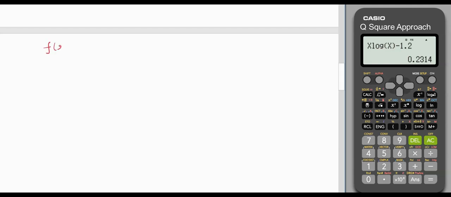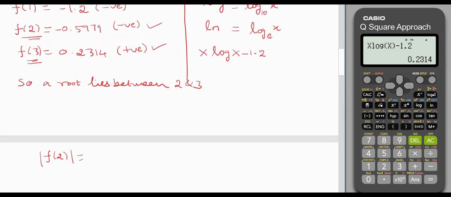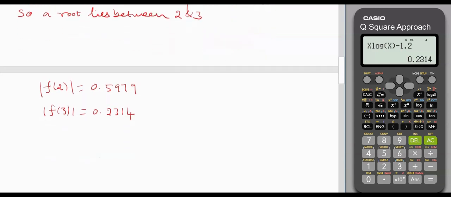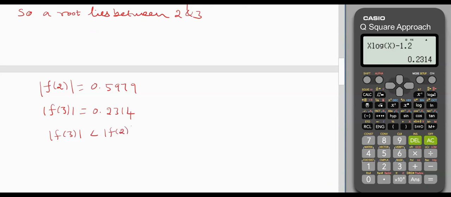Modulus of f of 2 value is 0.5979, and modulus of f of 3 is 0.2314. From this, modulus of f of 3 is less than modulus of f of 2.